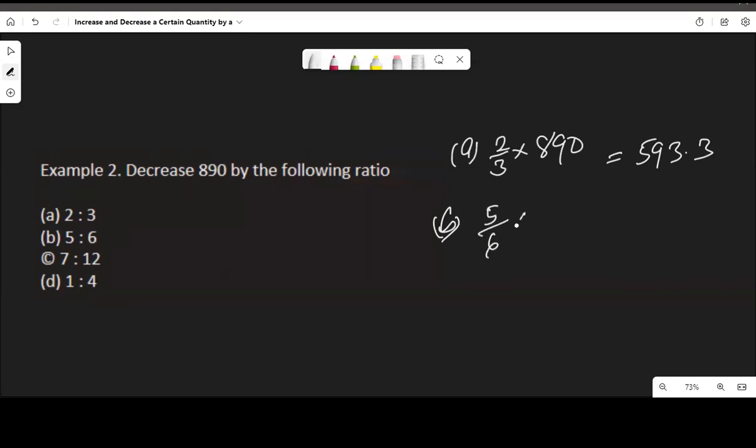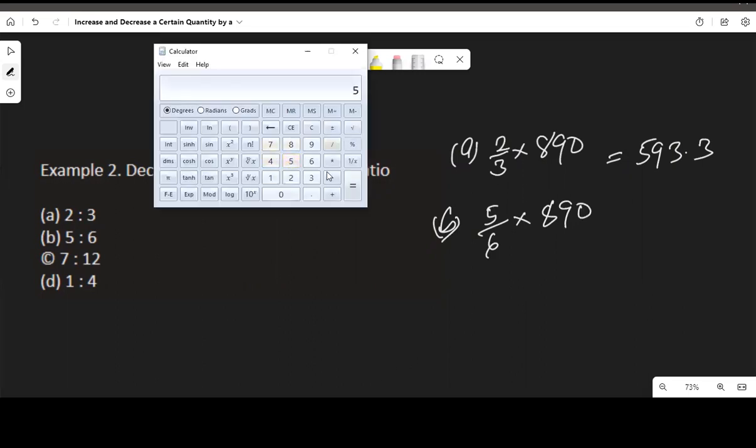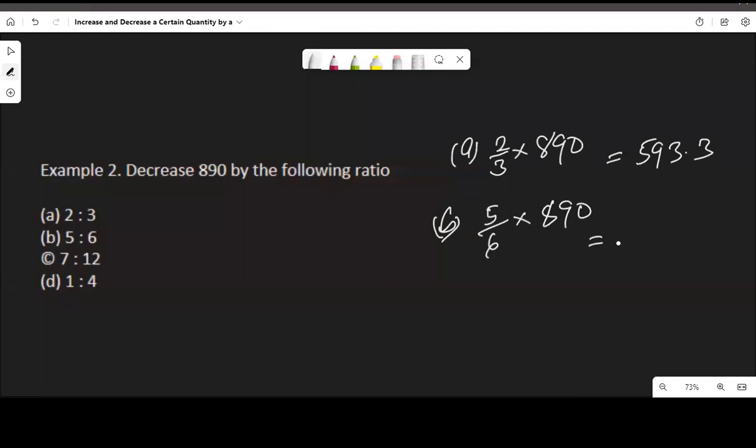That is 5 over 6 multiplied by 890. 5 times 890, then divided by 6, is 741.67 approximately.